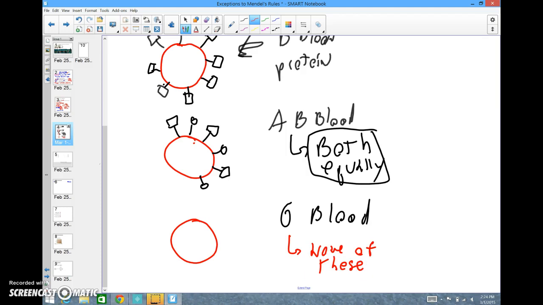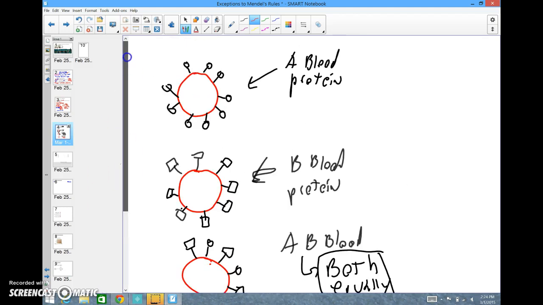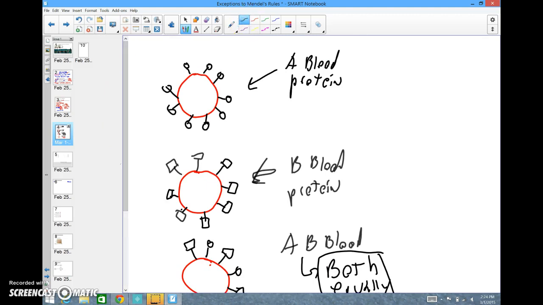And so you can have A blood that is A plus A, because remember you need two alleles, or it could be A plus O. So you could have A and O, because then you're expressing the A blood and the nothing.